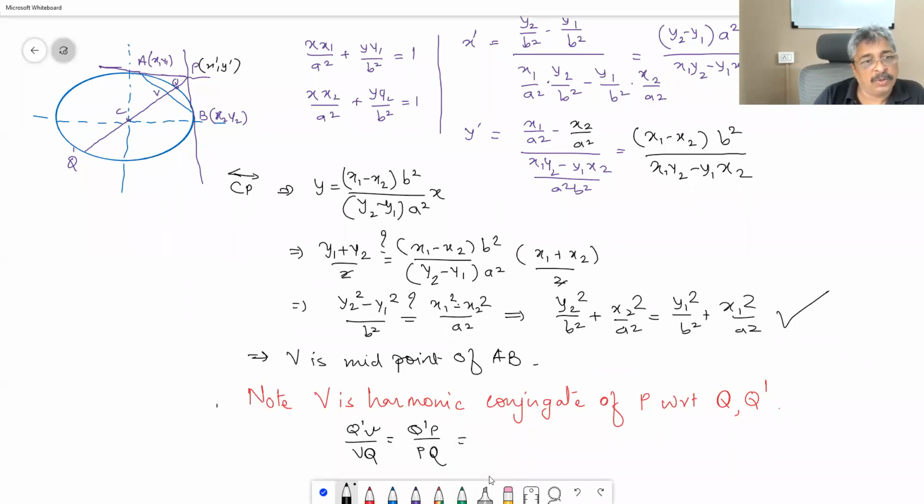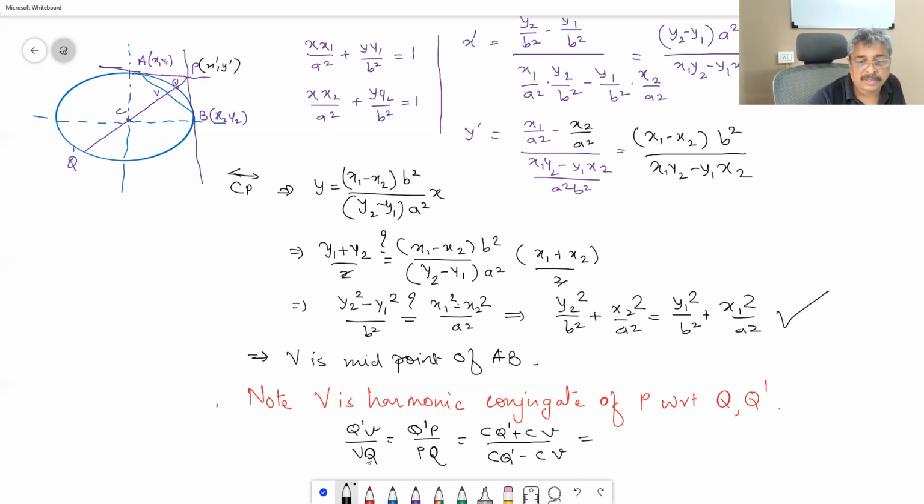Okay, Q dash V is equal to CQ dash plus CV, upon VQ, which is CQ dash minus CV. Correct? Which is equal to Q dash P, which is CP plus CQ dash, divided by PQ. PQ is CP minus CQ dash. Look at this identity. This is componendo dividendo, on LHS and RHS. What do we need now?